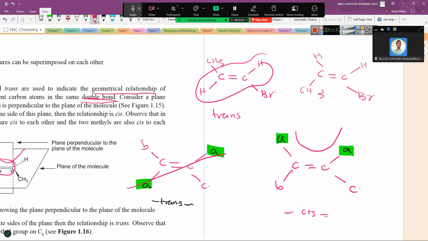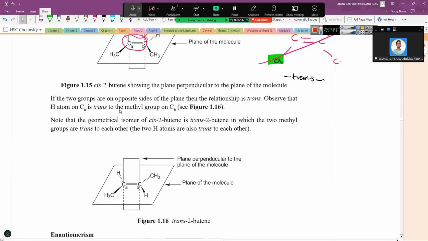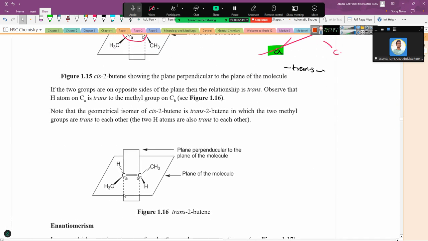Is that clear now? Now, how do you call this? Since these H and H, the similar groups, are on the same side, this is going to be a cis structure. Cis. Is that okay? Now you can see here, this is trans.